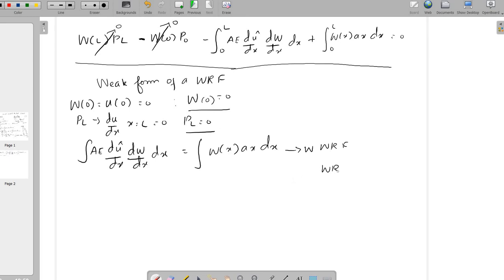The general weighted residual function for the same problem is w times AE d square u by dx square plus a x is equal to 0. This is the general form.